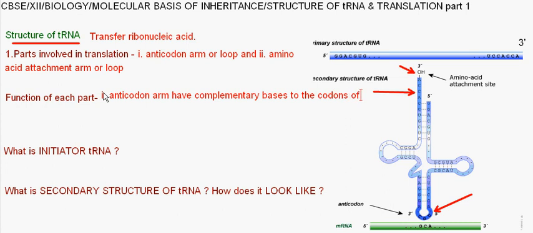So the anticodon arm of tRNA contains the bases which are complementary to the bases of mRNA, that is called codons. Okay, so tRNA can bind with mRNA due to complementarity.